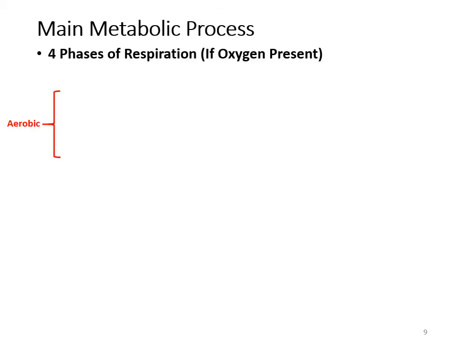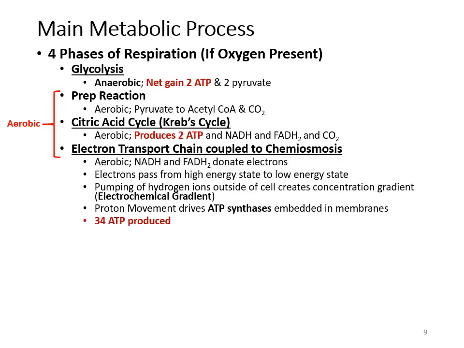So, continuing on with the metabolic process of breaking glucose down. We have 4 phases of respiration listed here if oxygen is present. Notice that glycolysis occurs whether oxygen is present or not, and that we call it anaerobic, no oxygen needed, whereas the rest of these processes here are aerobic. They require oxygen.